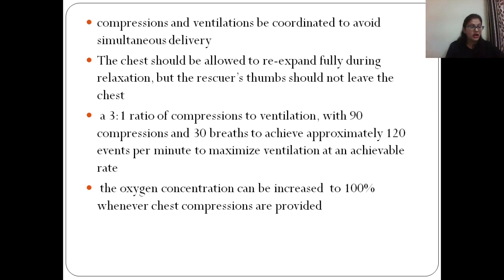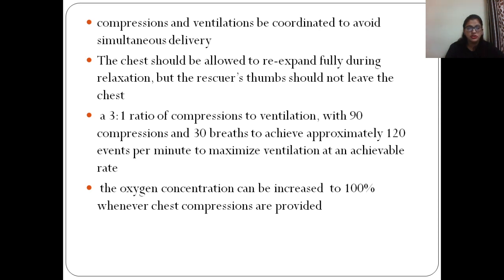So basically you have to follow a 3:1 ratio with 90 compressions and 30 breaths to achieve approximately 120 events per minute to maximize ventilation at an achievable rate. Again, this is an important MCQ for you. You are frequently asked in the exam about the number of events that occur or the ratio that is to be followed.